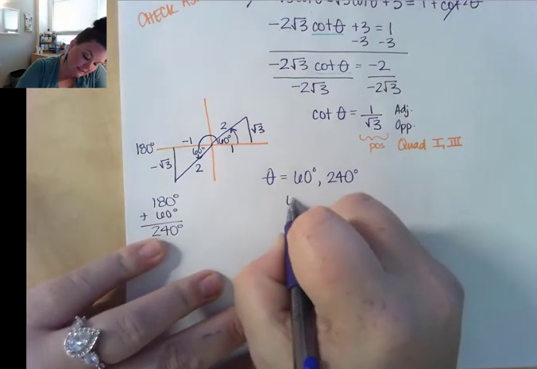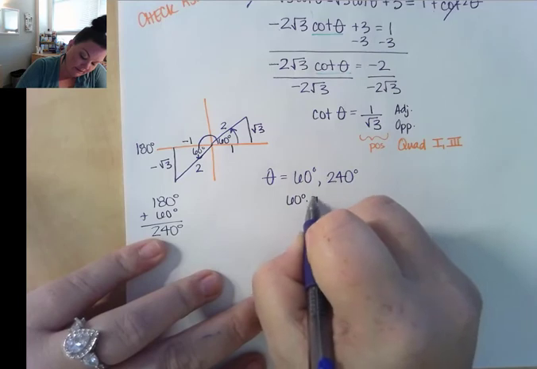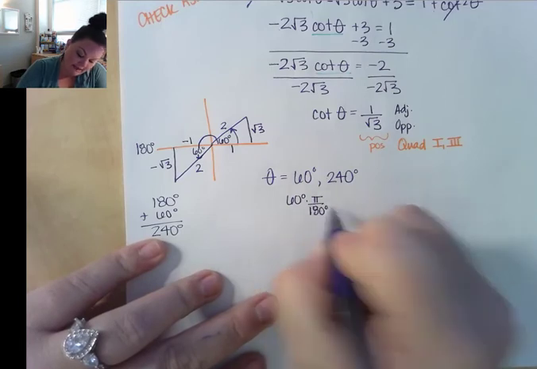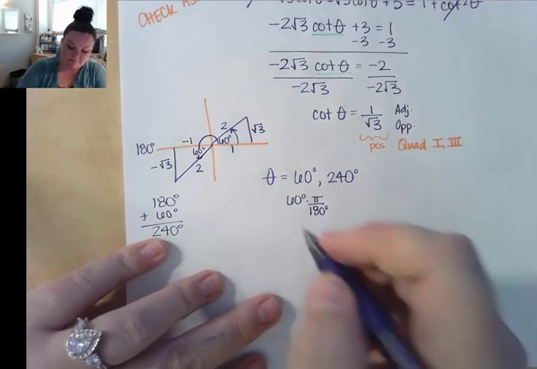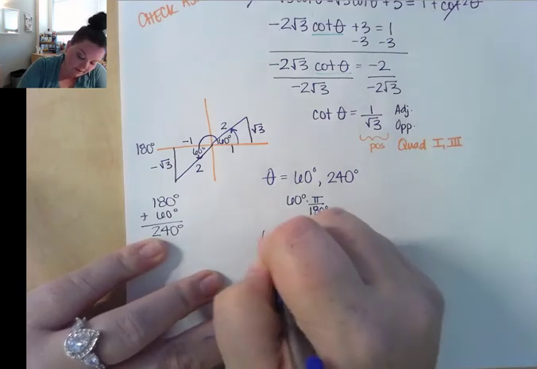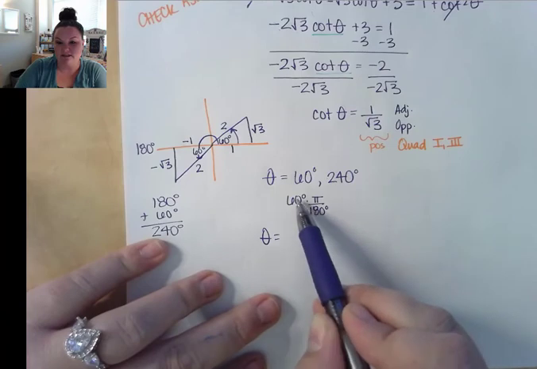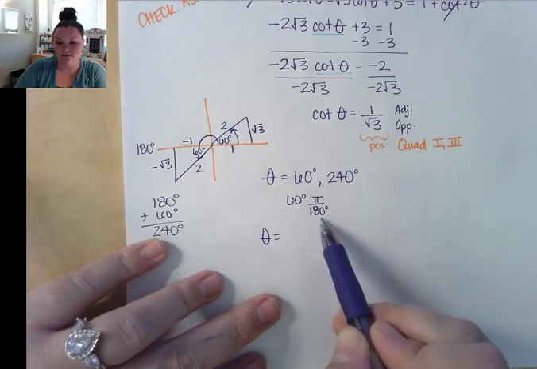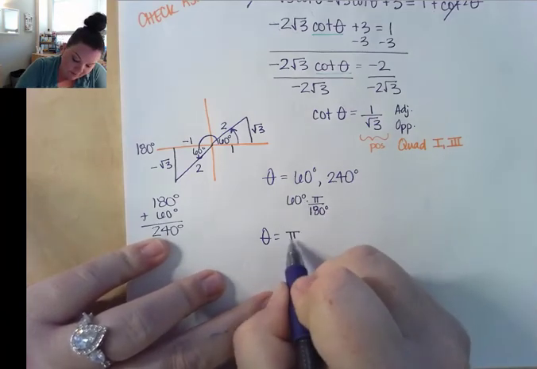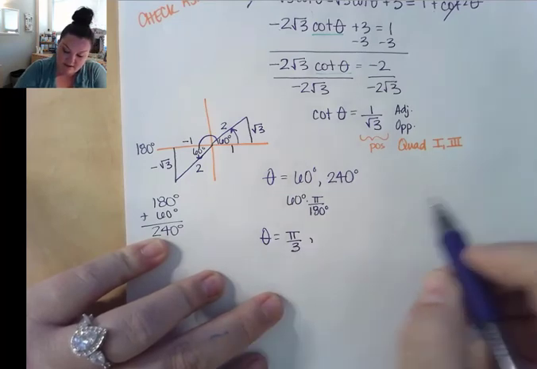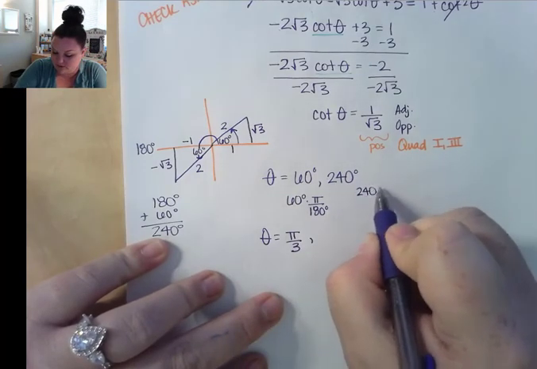So I'm going to take 60 degrees and I'm going to multiply by pi over 180. So I have theta is equal to, so here I can reduce by 60, right? 60 goes in one time, down here 60 goes in 3 times. So I end up with pi over 3. And then I need to do the same thing with 240 degrees.